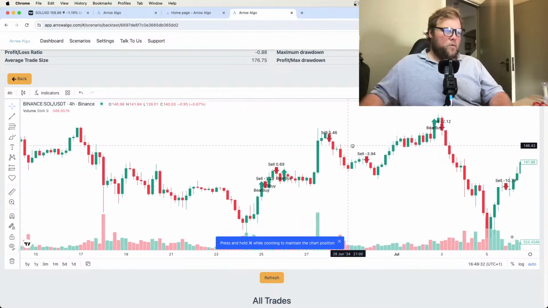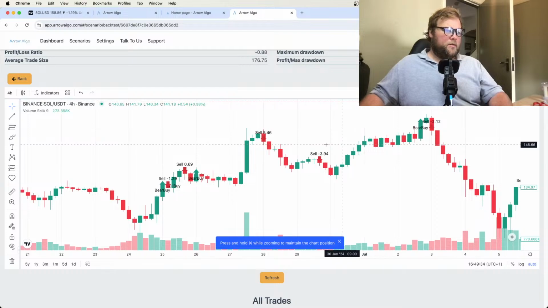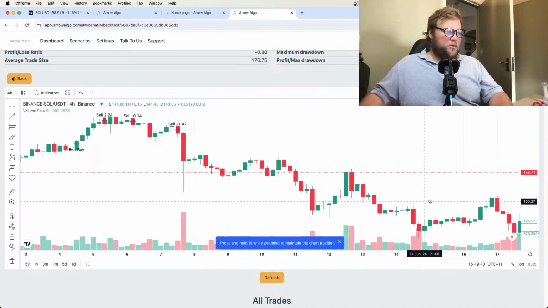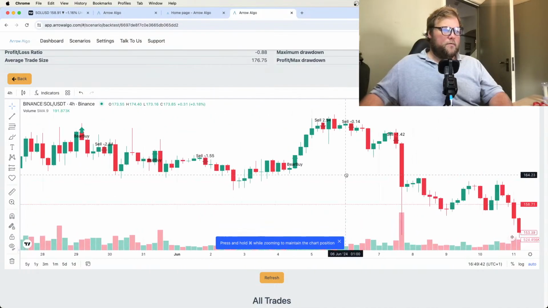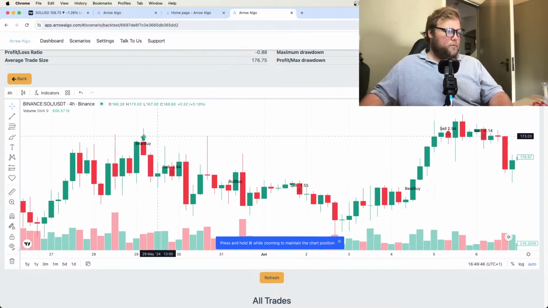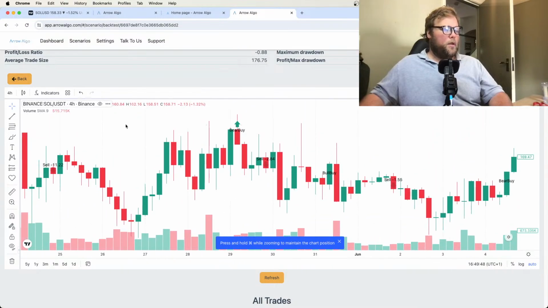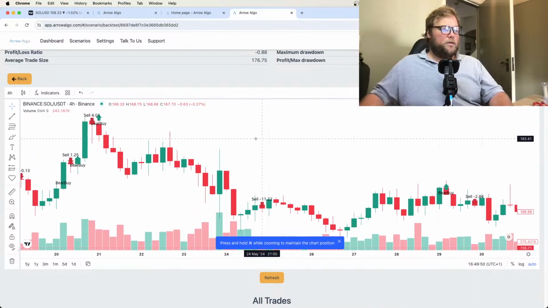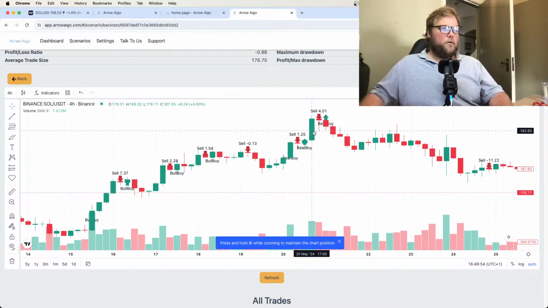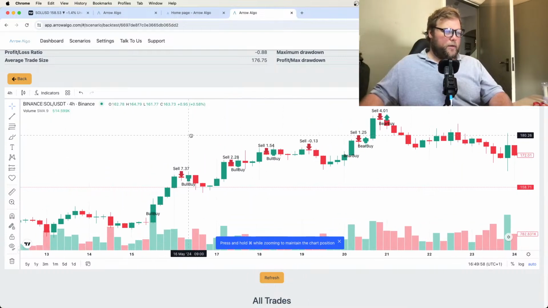So what we might find for a lot of these sales is that we're catching a dip rather than selling right at the top of the market. So one thing that we could do as well is make our sell order a bit smarter. One way that I like to do that is looking at the linear regression, i.e. the slope, and looking at the rate of change of that. So let's play around with that in a minute as well.